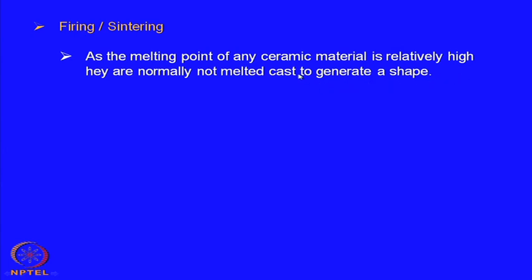In metals, melting and casting is a very common technique for making shapes, but ceramics, being high temperature materials, are normally not melted and cast in a mold. Of course, in some cases we do that, certainly for refractories, and glass is another case, but we are not discussing glass here, we are basically discussing ceramic products.